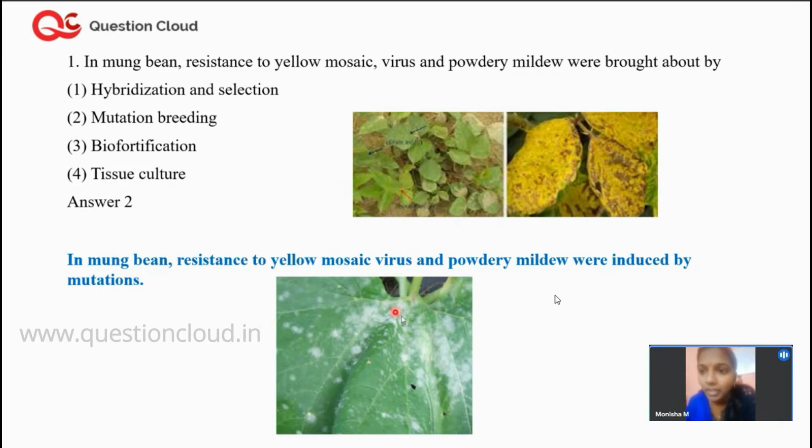In the picture you see these white dots, right? These dots are nothing but the virus that has infected the leaves. So the correct option for creating plants resistant to virus is option 2, mutation breeding.